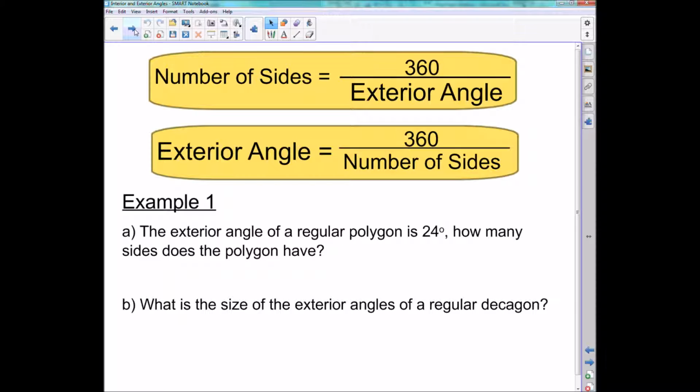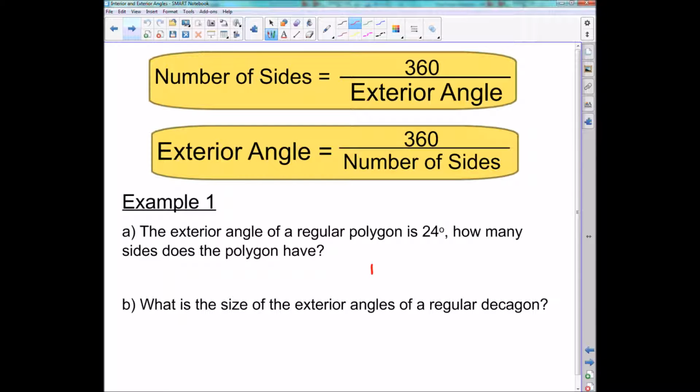Okay, so in this first example, question A, I'm told that the exterior angle of a regular polygon is 24 degrees. Remember, this regular is really important. It means that all of the angles are 24 degrees. Now, how many sides does this polygon have? Well, I'm going to use this top formula, which says that the number of sides equals 360 divided by the exterior angle.